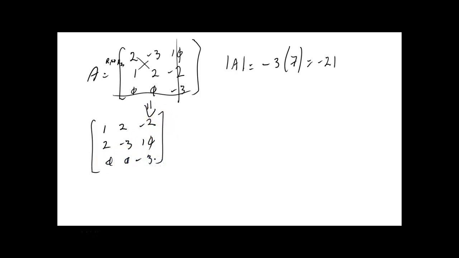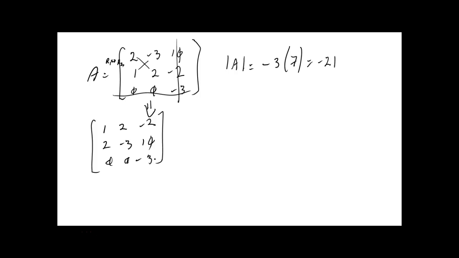All right? But what did doing that do to the determinant? Exchanging two rows. What did that do to the determinant? Oh, so long ago. It negated it. So just remember, we have to negate the determinant.